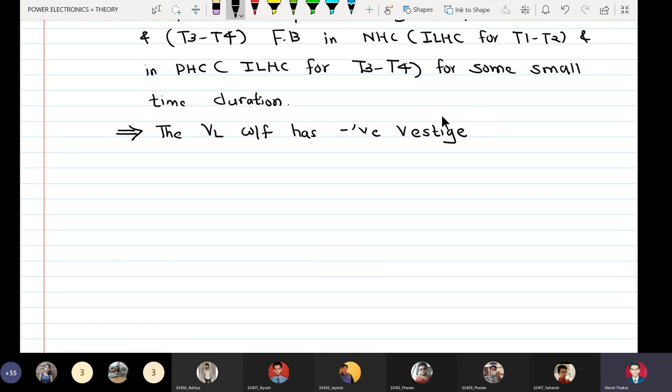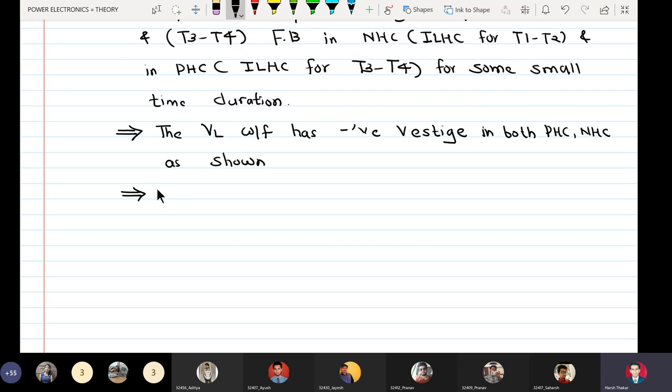So the VL waveform has a small vestige in both PHC and NHC as shown. What is the result?